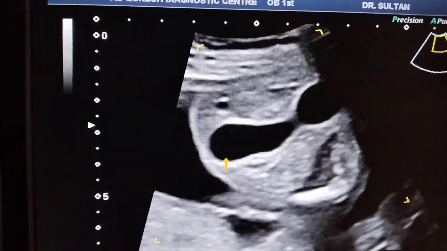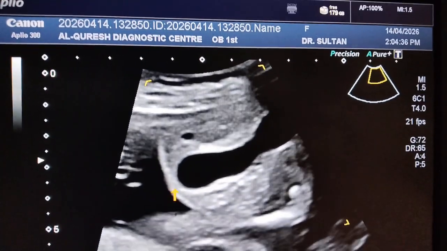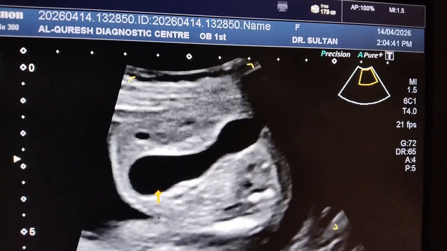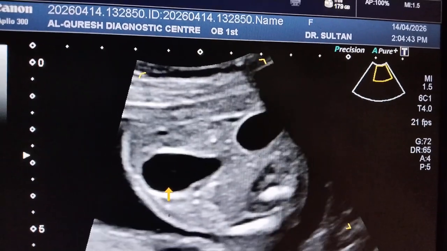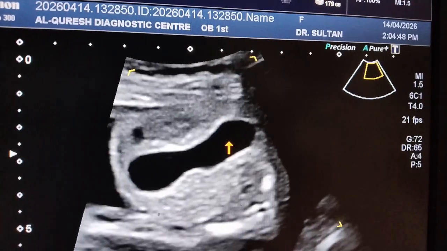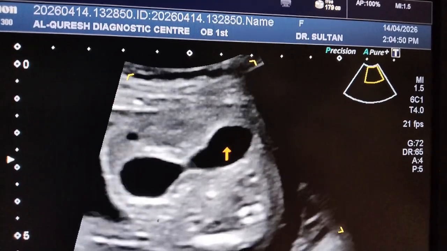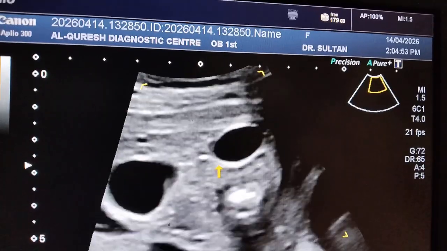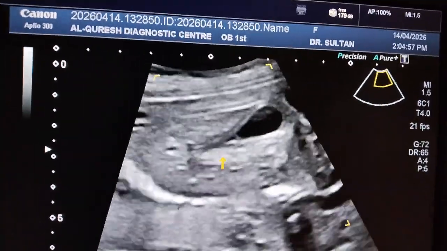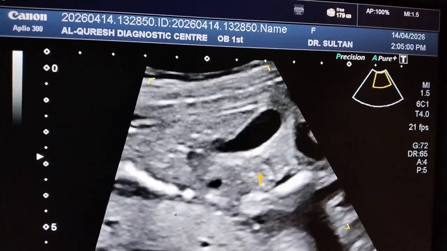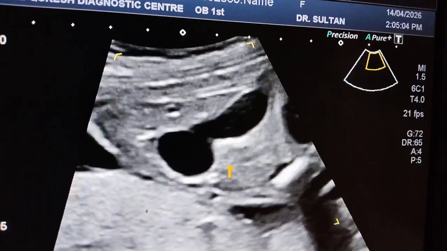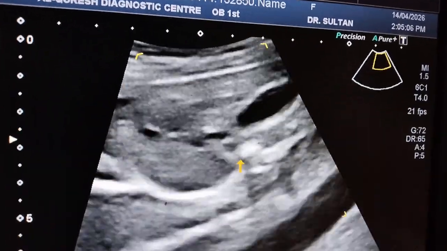Here we can appreciate it is crossing the midline and then communicating with the dilated stomach. And these are the bowel loops which are collapsed in the lower abdomen.